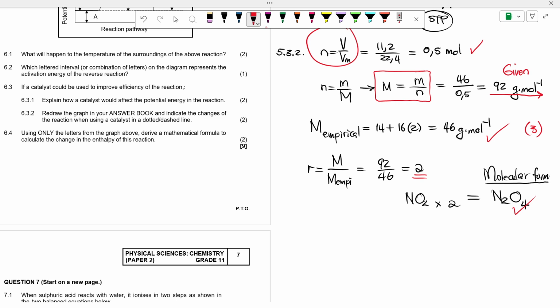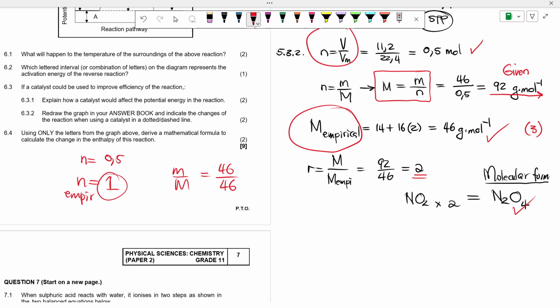You could have just used the Vm and the grams, which can give you the number of moles already. And looking at the empirical molar mass, you can see that the number of moles that is true is 0.5, but from the empirical molar mass, let me call it empirical number of moles, you get 1, because you'll have mass over molar mass, and the mass is 46 from what is given. The molar mass that you calculate is 46. You get 1.